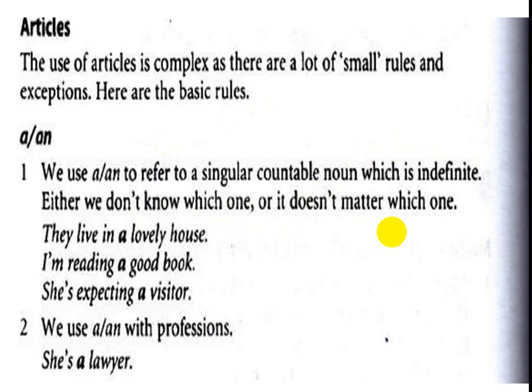They live in a lovely house here. I'm reading a good book. She's expecting a visitor. So these all are countable singular nouns. We use a or an with professions. She's a lawyer. That is a profession.